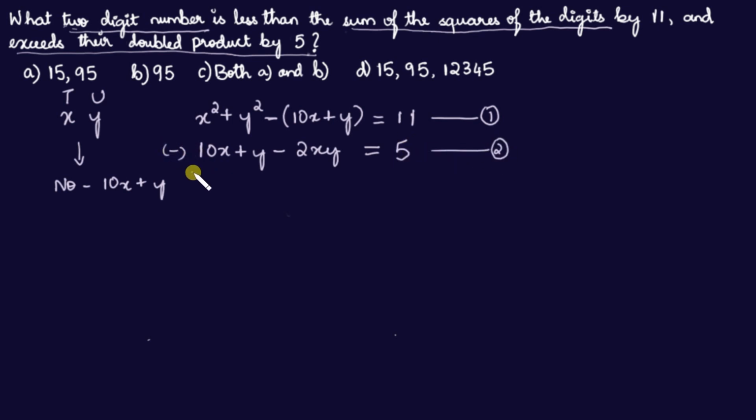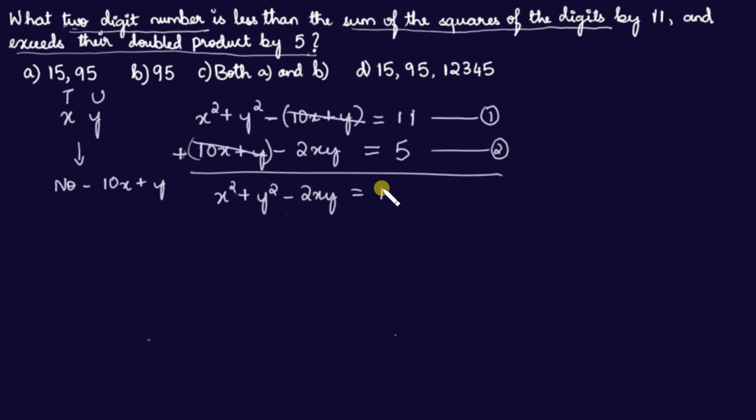Now if I subtract these two equations, I get, interesting. No, I don't want to subtract them. Let me add the two equations instead. If I add the two equations, the 10x plus y component gets cancelled, and I have x square plus y square minus 2xy is equal to 16.